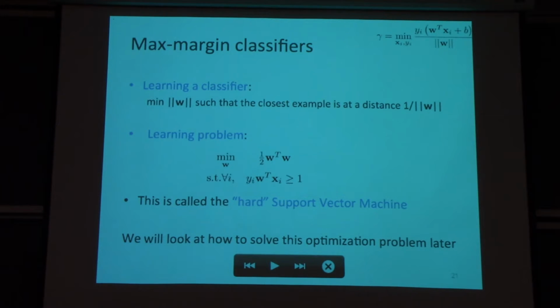So why don't we say greater than or equal to 0 instead of 1? If it's 0, then you don't have any margin anymore. If you put 0 there, you're only requiring that you classify the data correctly, but there's no margin. But if you say greater than 0, like 0.5, it still has a margin, but it's less than 1, so it doesn't satisfy this.